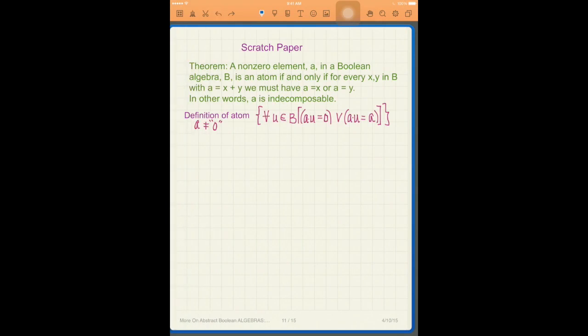Let me go to my scratch paper. So I've copied down the theorem here. And remember the definition of atom. A is going to be non-zero, and then for any element in the Boolean algebra, call it U, if you take the product of A times U, you're going to get back the 0 element, or you're going to get back the A element. That's what it means to be an atom.